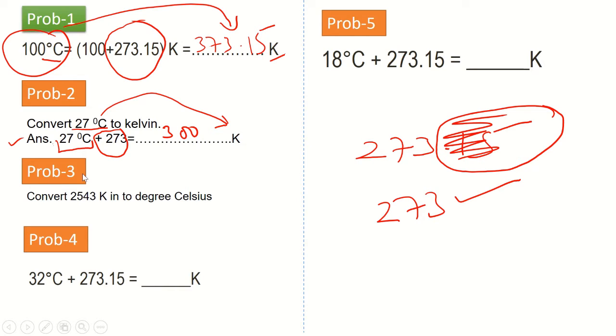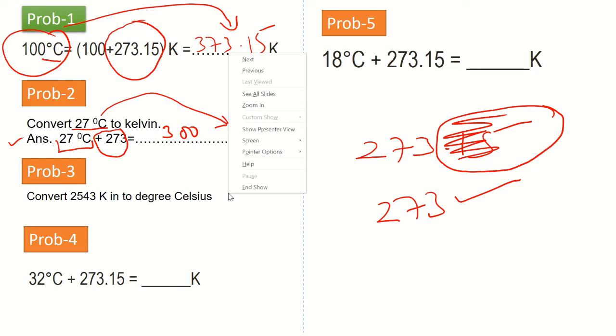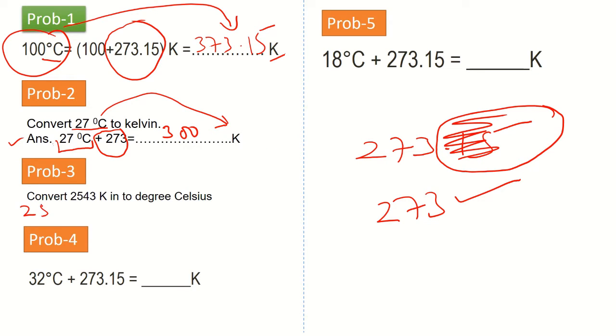The problem number 3, convert 2543 Kelvin into degree centigrade. How much is this in degree centigrade? So this is opposite.